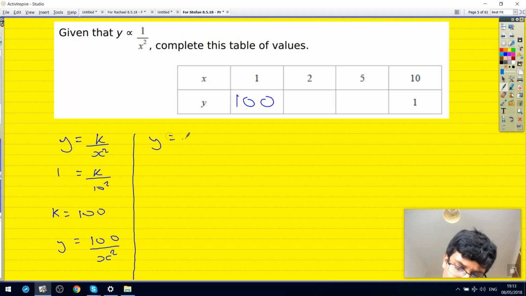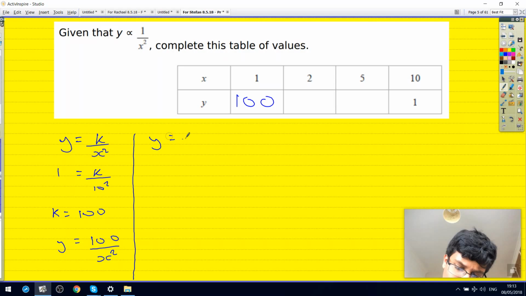And for 5, it would be 100 over 5 squared, and 5 squared is 25, so that would be 4 for y. And the next one would just be 1, because 10 squared is 100. Okay, any questions there?